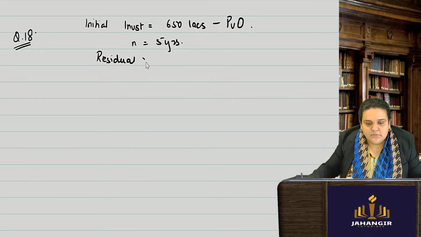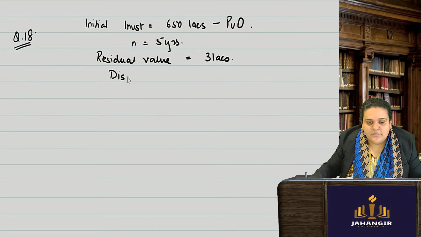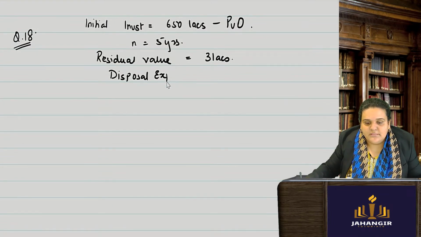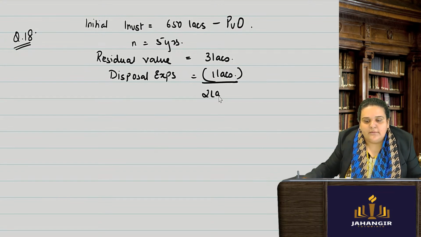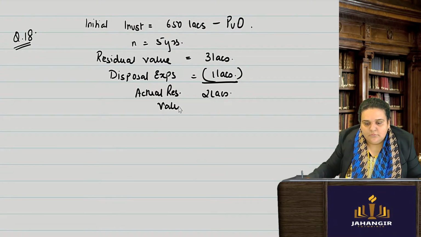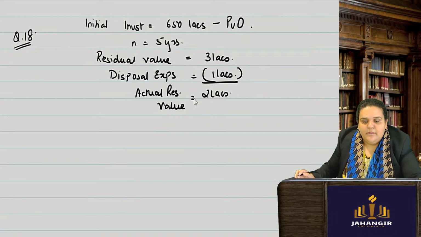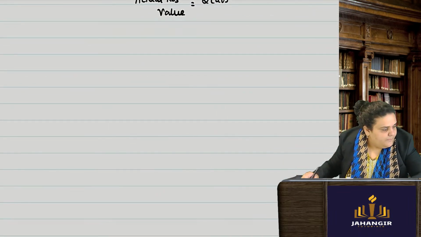Residual value is 3 lakhs rupees. But there are some disposal expenses in order to put this into scrap. So disposal expenses is 1 lakh. So if I go to see, my actual residual value will become 2 lakhs. Actual residual value. Right? I'm just writing all this given.